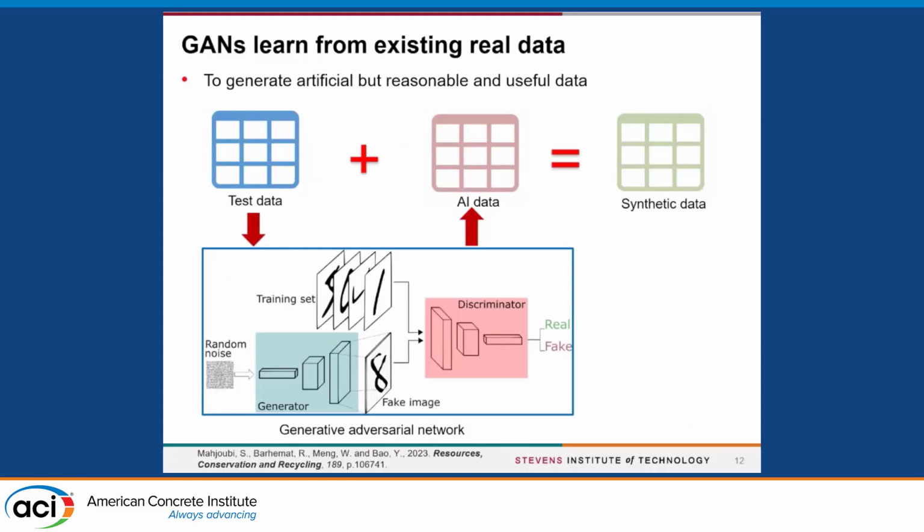So the generative model can learn from the existing data so that it can generate artificial but realistic data. And then we combine the AI data with the real data into a synthetic data. So this enriched synthetic data will be used to train our machine learning models.